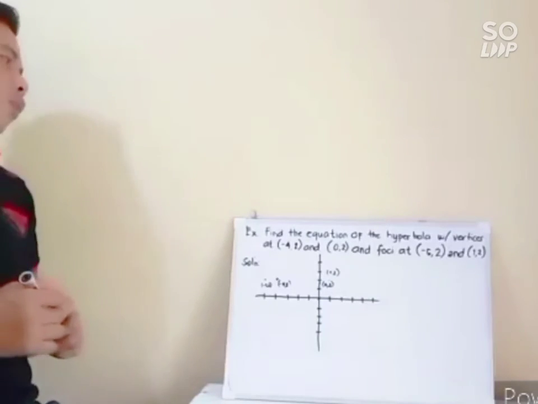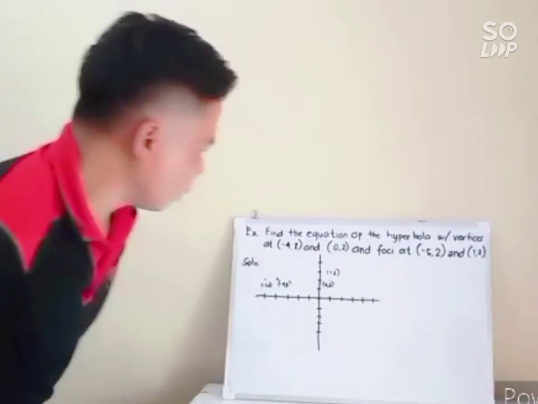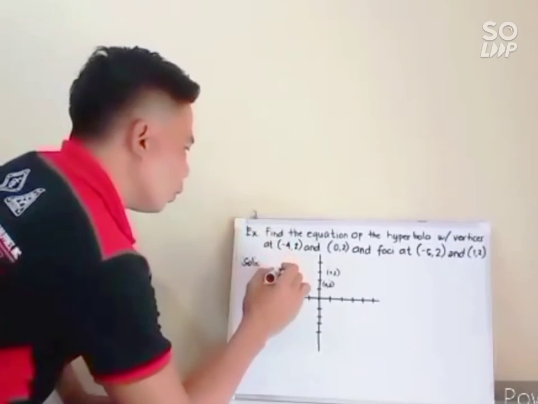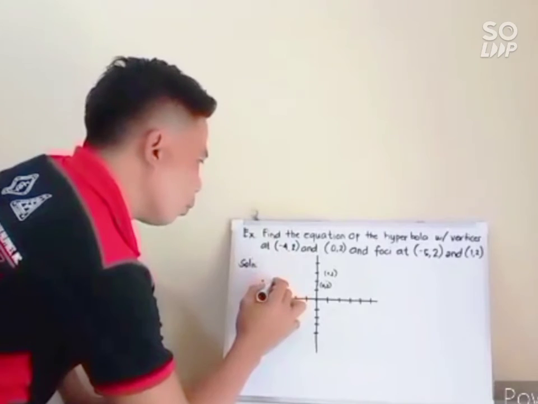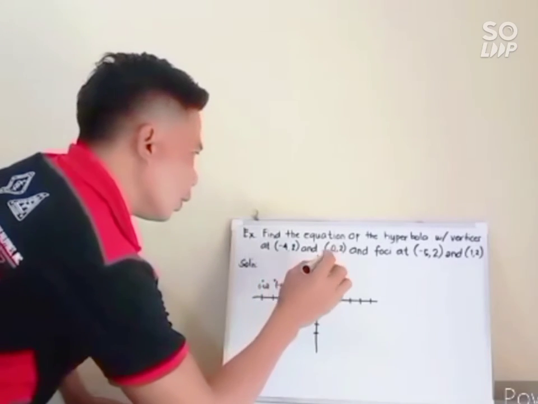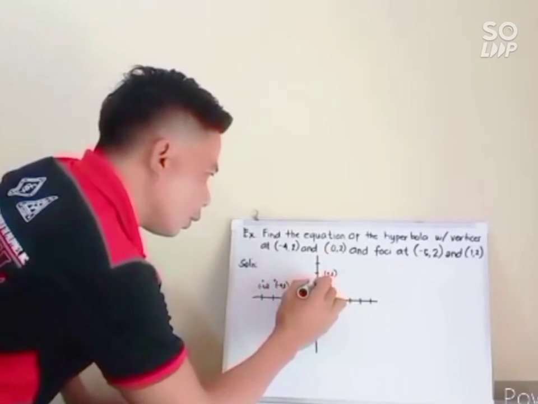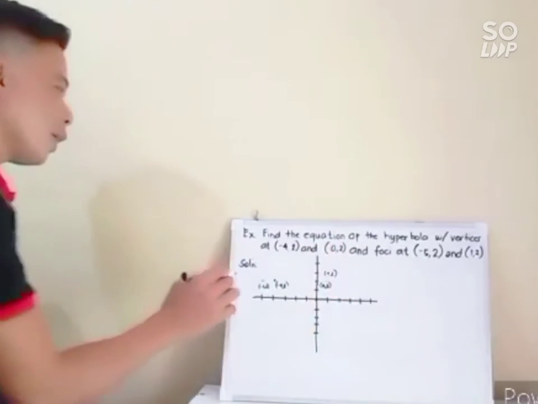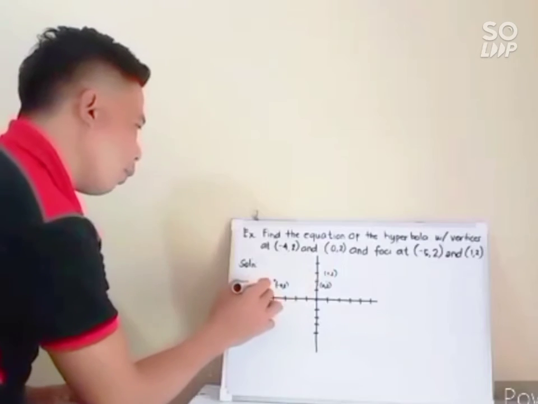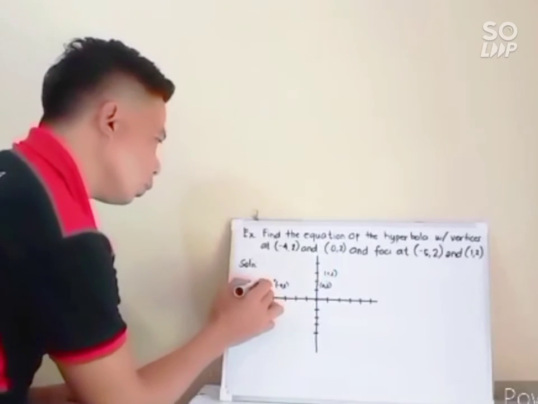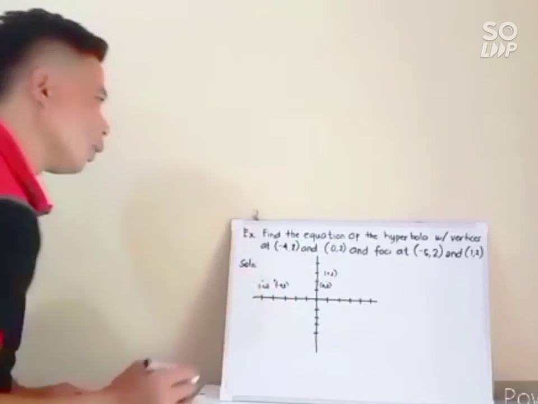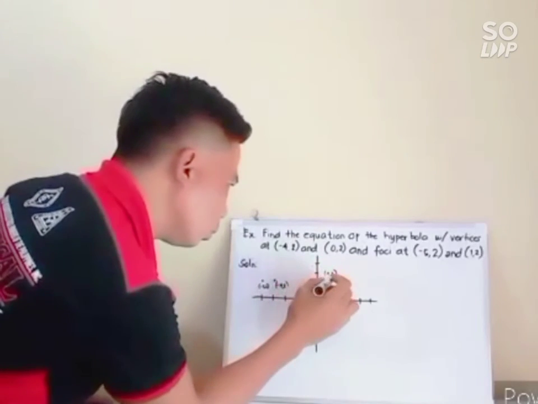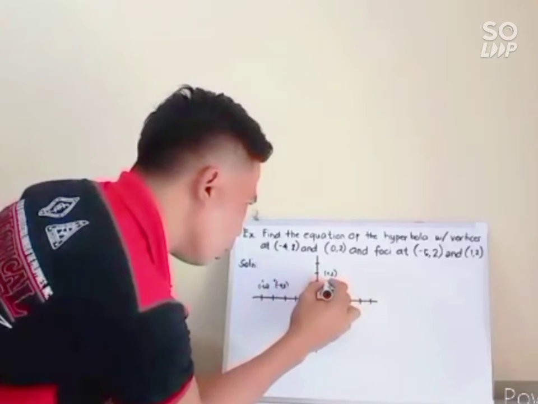So we will draw a graph here. This is our first vertex, (-4, 2), and the other one is here, (0, 2), and then our foci are (-5, 2) here and (1, 2) over here.